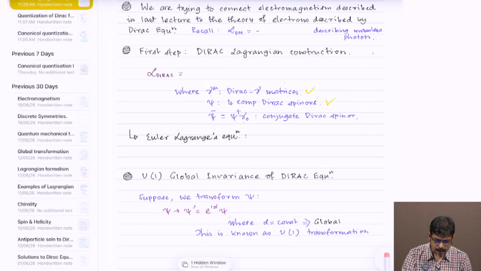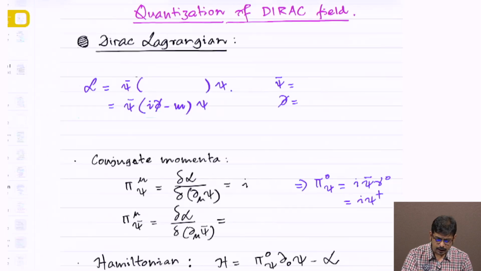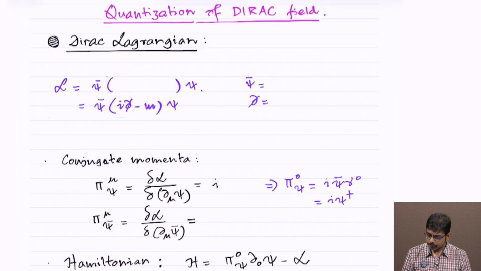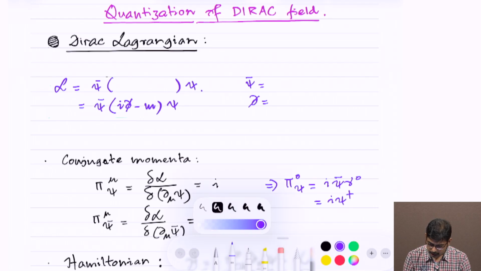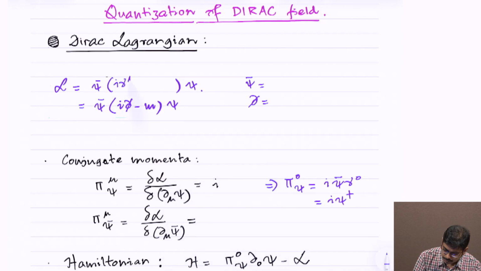So, let us get started with the Dirac field first. You all recall that we wrote the Dirac equation and the Dirac Lagrangian consequently, and the Dirac Lagrangian was psi bar i gamma mu del mu minus m psi.